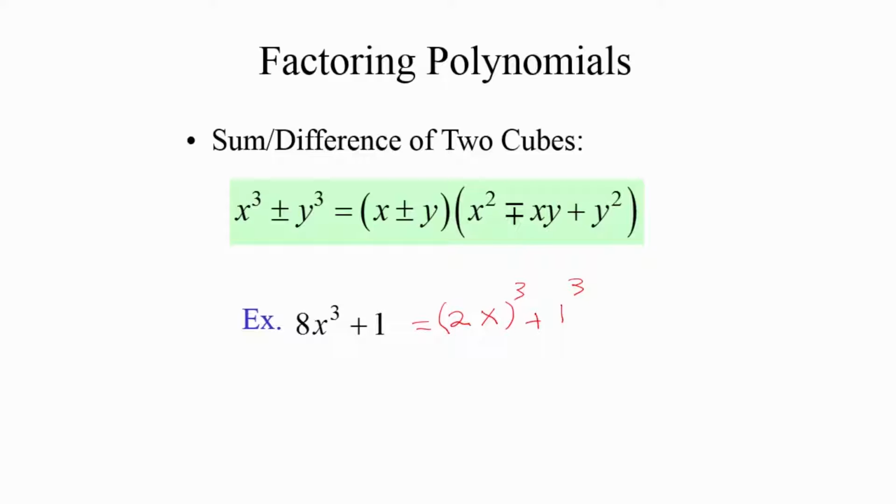So the first term is 2x. The second term is 1. So it would be 2x plus 1. And this would be the first term squared. 2x squared would be 4x squared, minus the first term times the second, 2x times 1, is minus 2x, plus the second term squared, which is 1 squared. There you go. That's factoring this polynomial, the summation of two cubes.